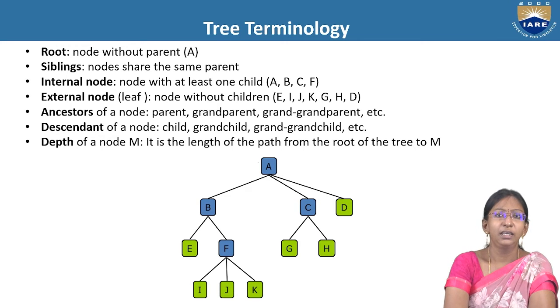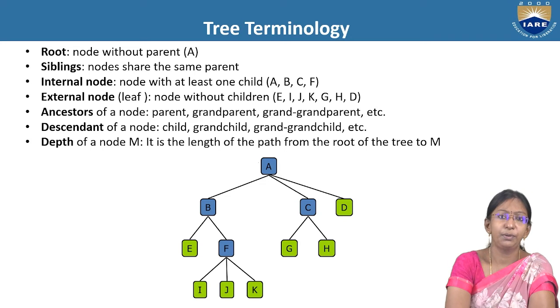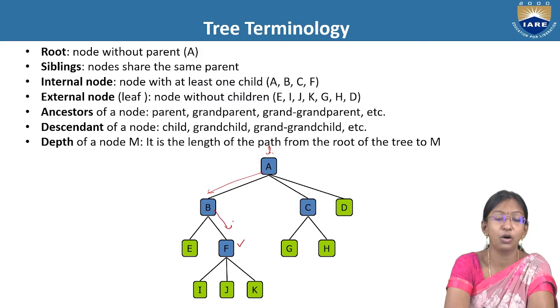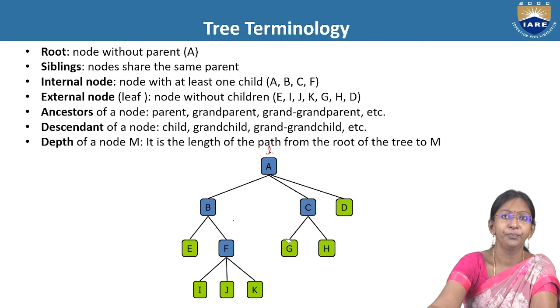The depth of any node is the length of the path from the root to that node. For example, what is the depth of node F? From the root you have to start. How are we going to reach F? Via B only. So how many edges have you crossed? 2. So the depth of F is 2. These are a few terms you might get in your exam.